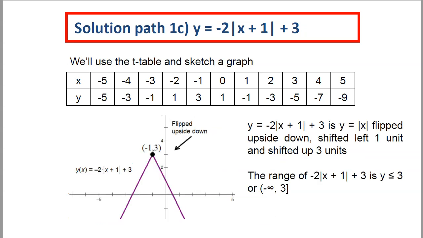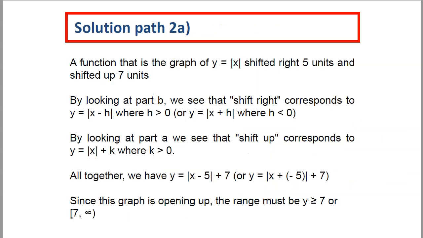And when we graph this and we plot our coordinate points, we'll see that this graph is the graph of y equals the absolute value of x flipped upside down and then shifted left 1 and up 3. And so our range here is going to be y is less than or equal to 3, because everything goes down from the vertex instead of up.